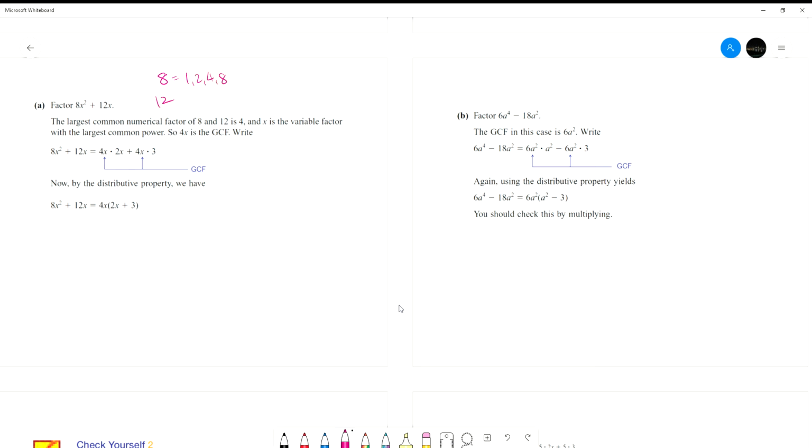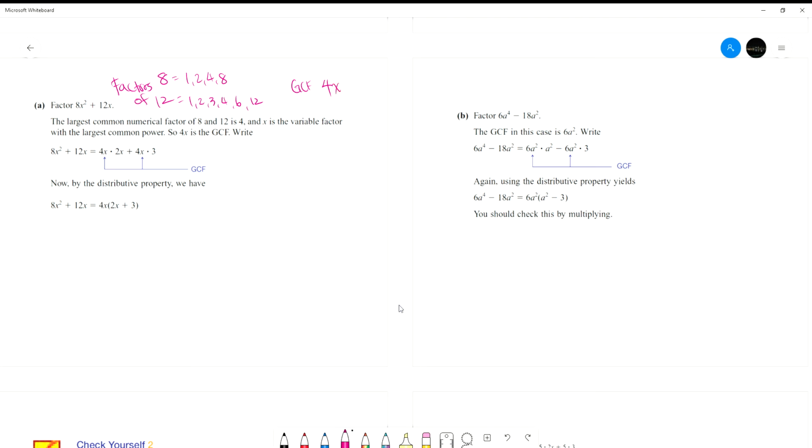Factors of 12 are 1, 2, 3, 4, 6, and 12. So we can see that the GCF for 8 and 12 is 4, right? And then we look at the variables, x squared and x. So the GCF has to be 4x, right?